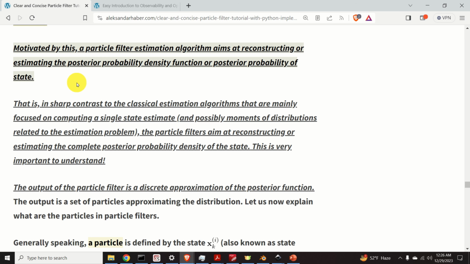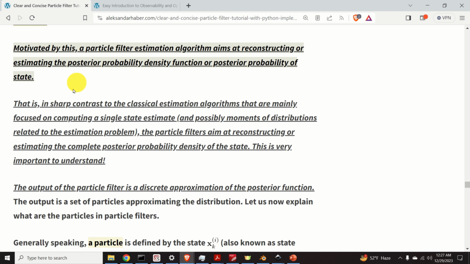In sharp contrast to classical estimation algorithms that mainly focus on computing a single state estimate and possibly moments of distributions related to the estimation problem, the particle filter aims at estimating the complete posterior probability density function of the state. This is a very important thing to understand.